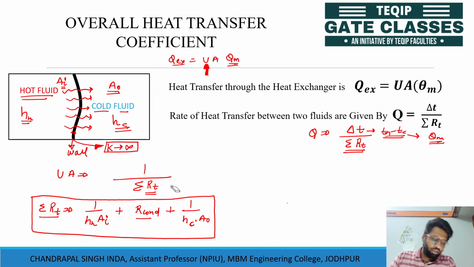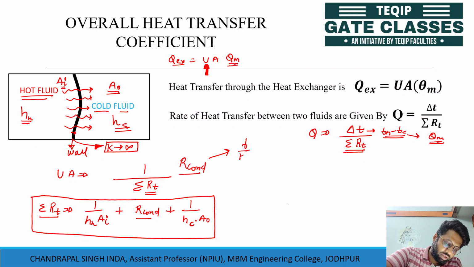This is our aim, but the conductive resistance will be there. So here we can have two types of R conduction. When the separating wall is a plain wall, in that case we have R conduction equal to d by k.